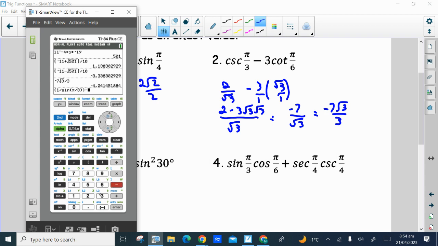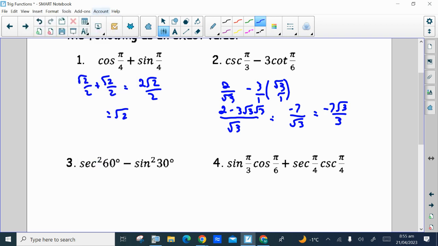Minus 3 times the cotan of pi on 6, which in brackets is 1 divided by the tan of pi on 6. So if you hit enter, you get exactly the same decimal that we got. It tells us that our answer is correct. The difference is, though, that the calculator gives it as an irrational number, where the unit circle gives it to us as an exact value. Right, but we can still use the calculator to check our answer.